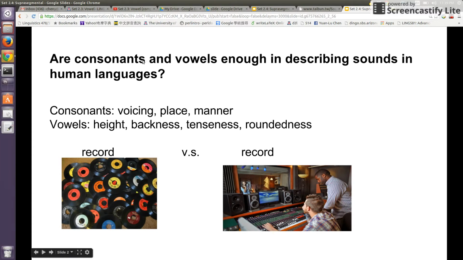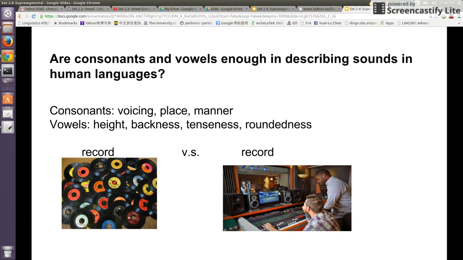Okay, let's go back to this question. Consonants and vowels are not enough in describing sounds in human languages. There is something more than that. For example, in English, we have record and record. This is a noun.